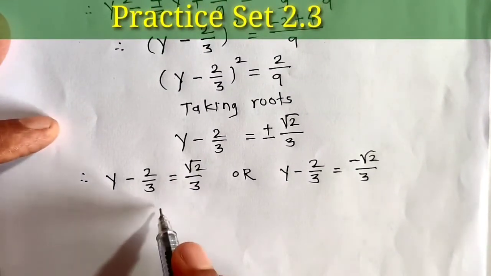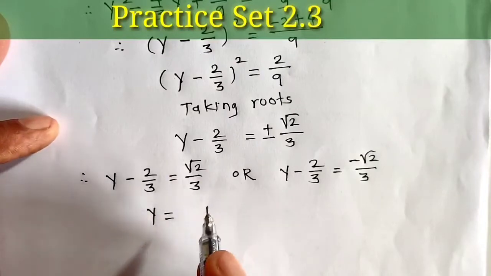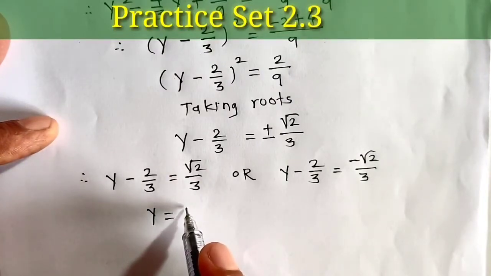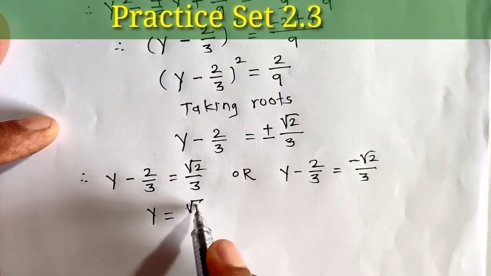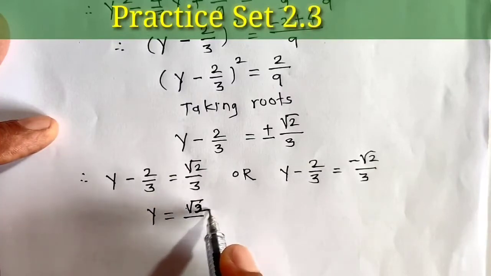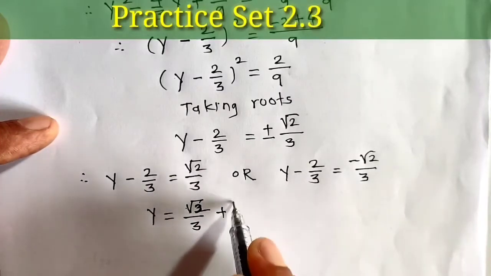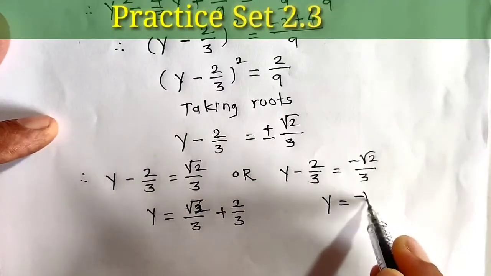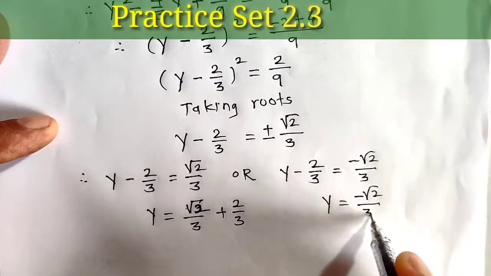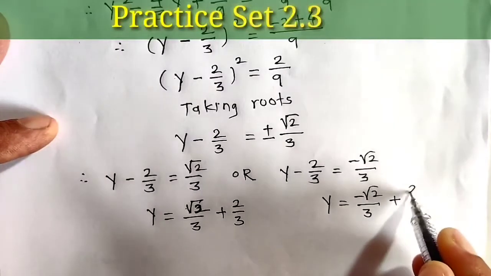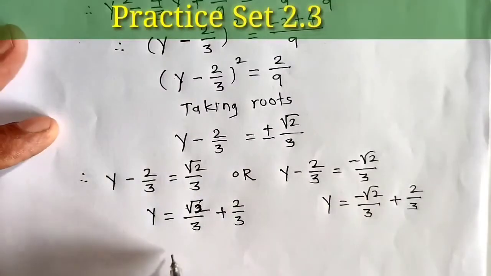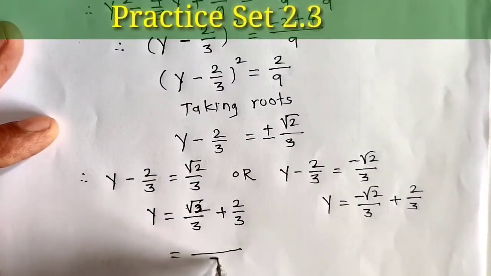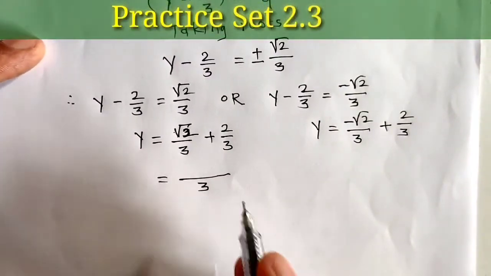Now find the values after simplifying. Here we get y is equal to root 2 upon 3 plus 2 by 3, and here y is equal to minus root 2 upon 3 plus 2 by 3. So after simplification, 3 is the common denominator.